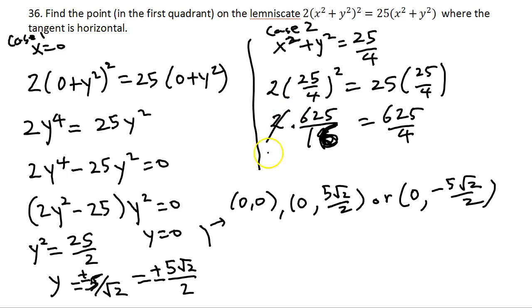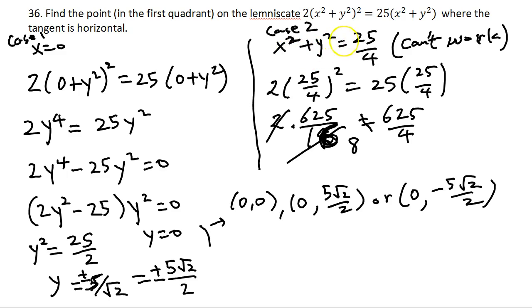And even after factoring this out, it's 625 divided by 8 on the left side, 625 over 4 on the right side, and these are not equal. That means this can't work. In other words, there's no way that both of these conditions can be true.